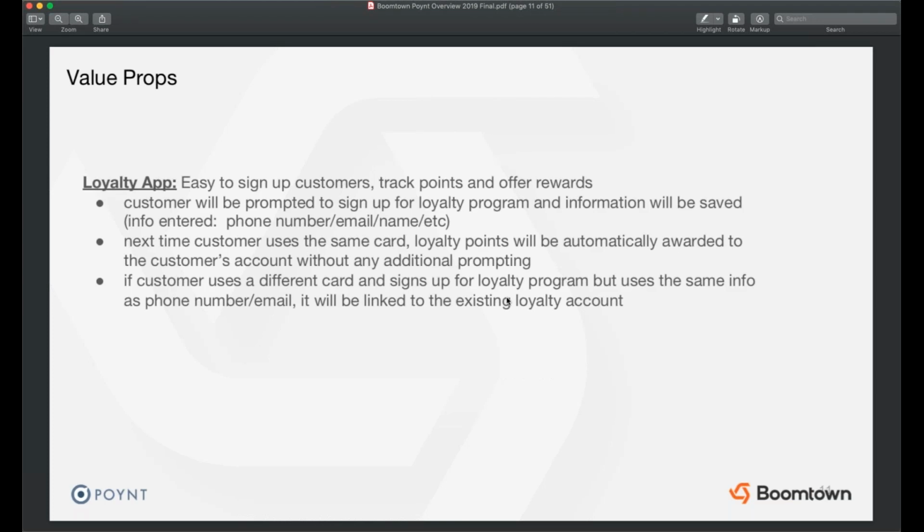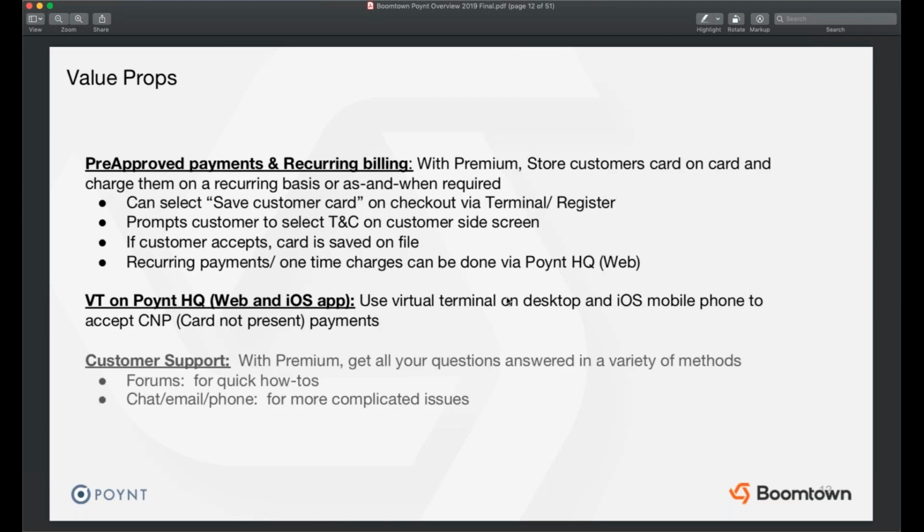And then the loyalty program built into the platform, collecting customer data, watching customer spend, extracting customer data, and then using that again in campaigns that really show a clean ROI is going to be very helpful for your business. Pre-approved payments, recurring billing, subscriptions add-on to that here shortly, where you can save customer cards on file, and then the virtual terminal on the Poynt HQ or the web. Customer support, I kind of de-highlighted here because you're going to get customer support either way.